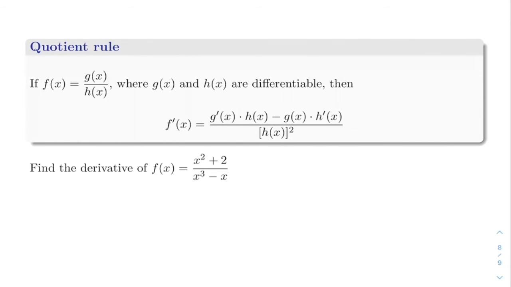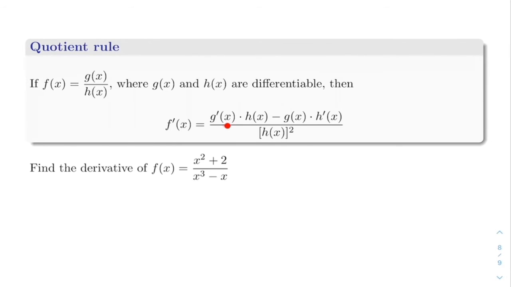Now, what can we do if our function f is expressed as the quotient of two functions? For example, a rational function would be a case of this. In this situation, we will compute the derivative with the following formula, which might look a bit confusing, but let's try to read it all together.